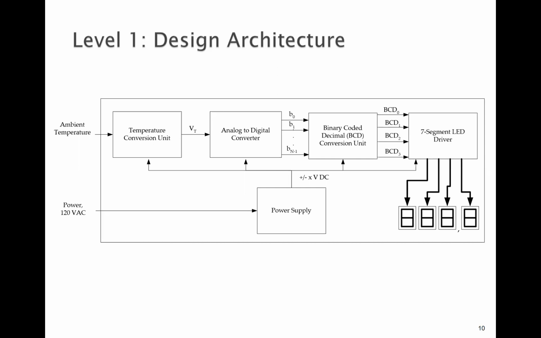So we select some of those design architectures and use concept generation or evaluation processes. At the end, we should have a design architecture like this. That's level 1 design. Here you can see 5 models.